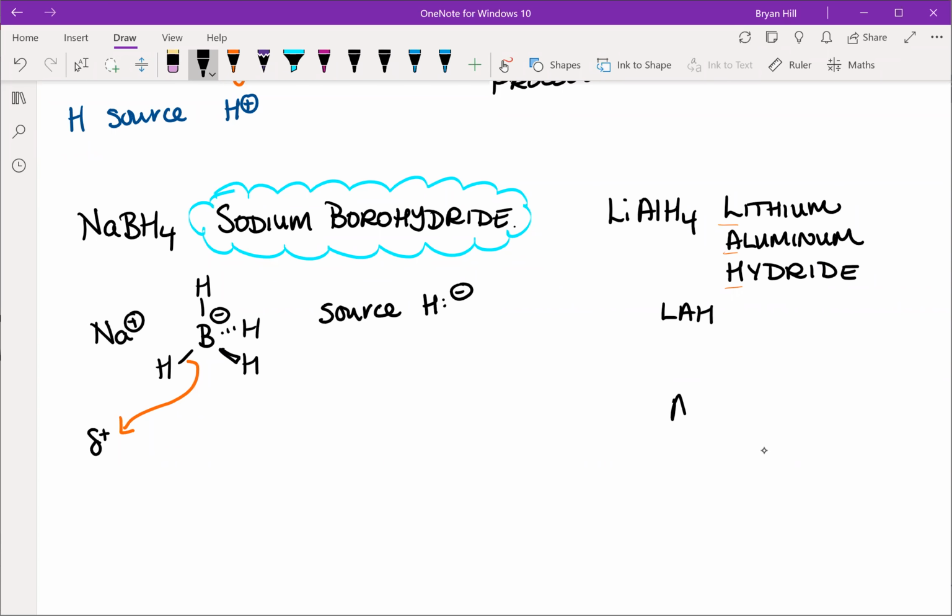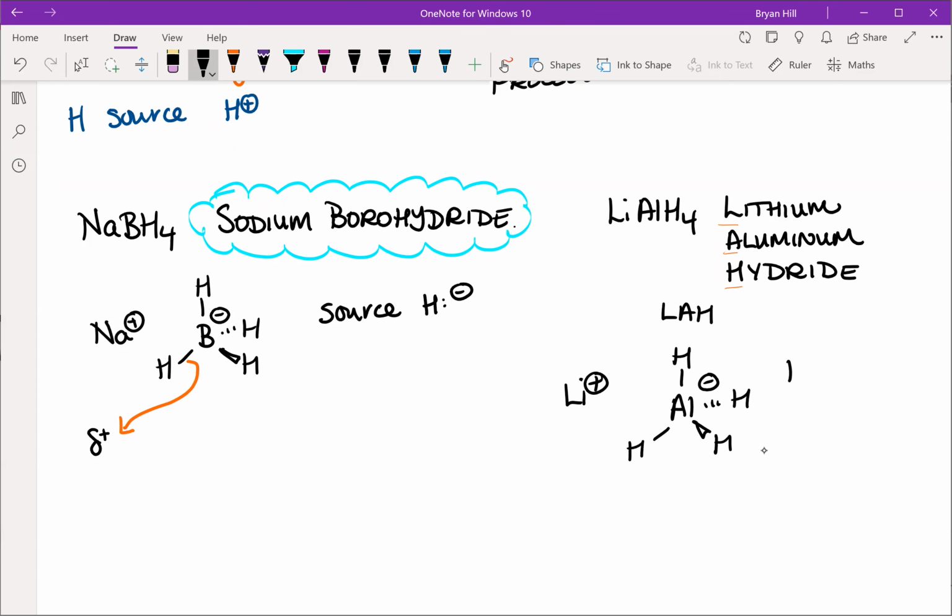If we were to draw this out, it would look identical in every way to the sodium borohydride. The only difference is the counter ion, lithium instead of sodium, and aluminum instead of boron. But remember, aluminum is right below boron in the periodic table.